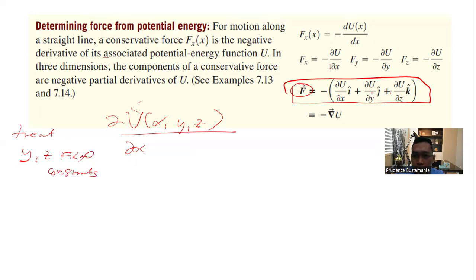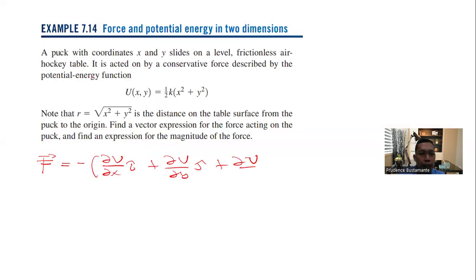If it is partial of y, then your x and z are fixed, constant. And for z, then your x and y are constant. So that is the example for partial of z.